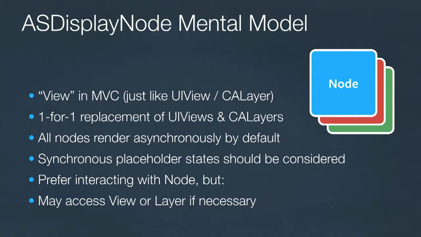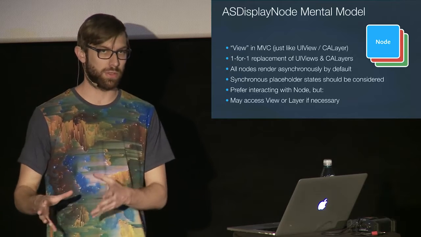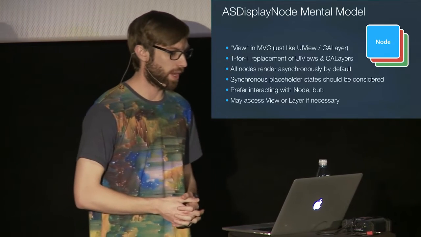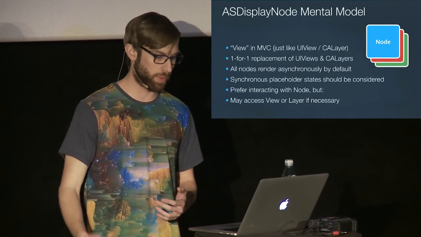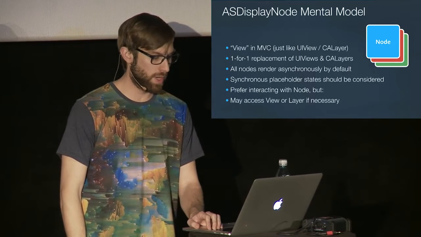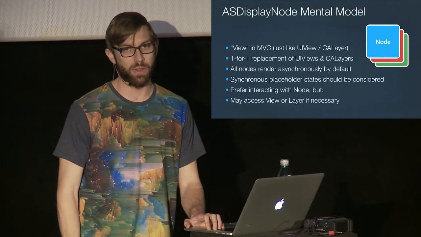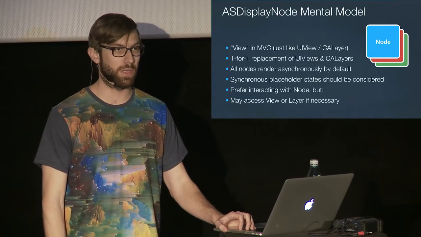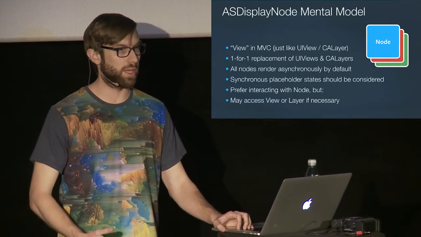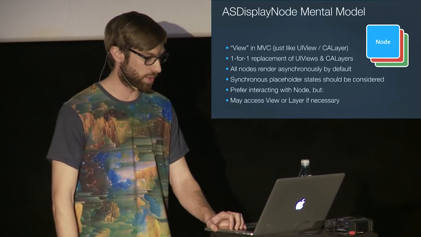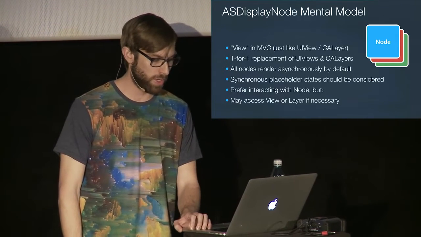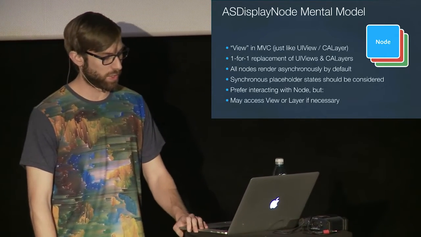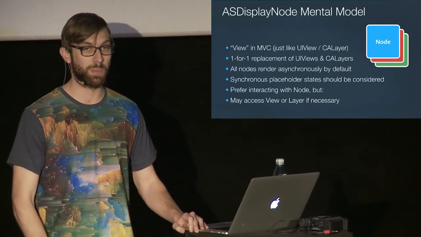So where you adopt this, which may only be in certain subsections of your app, it will usually just replace those objects. They are asynchronous by default. So there's a mode where you can enable synchronous rendering, but the assumption is that you'd like to minimize interruption to the user, and so asynchronous operation is preferred. Because of this, there's also now a concept of a synchronous placeholder state.